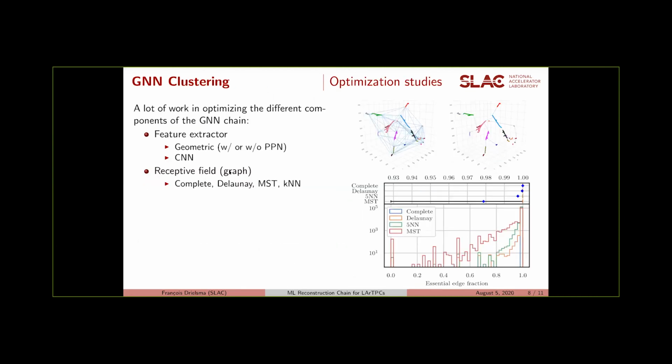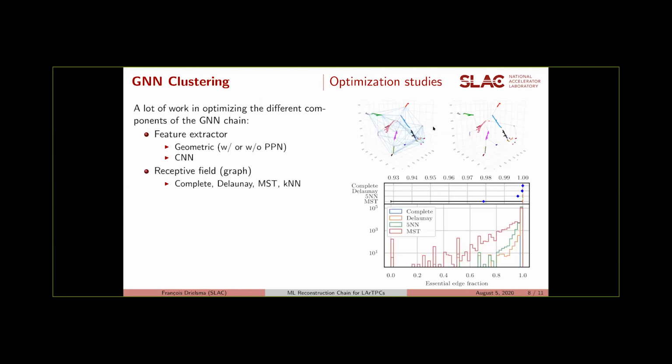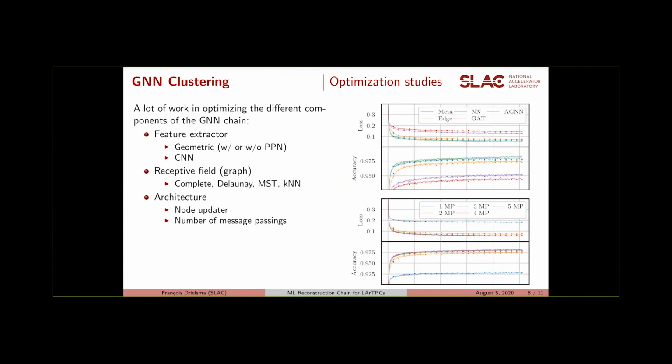I just showed the one that works best. We tried different ways of encoding the features of the nodes, different ways of implementing an input graph, and different ways of doing the message passing. There's many things you can play with to get a sense of what actually works for you, and this is the way we've approached this part of the reconstruction.